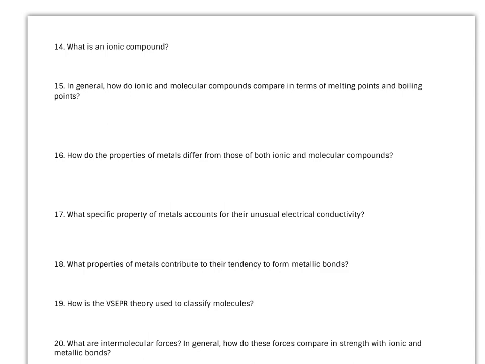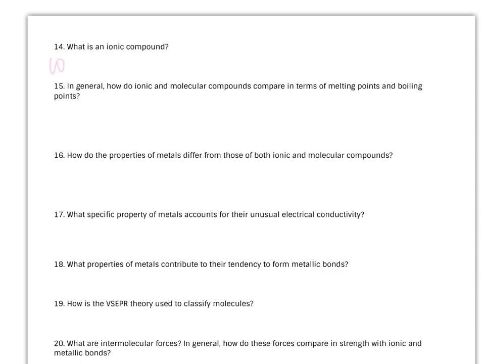Okay, moving on to ionic compounds. Ionic compounds basically happen because of the equal and opposite attraction of their ions.